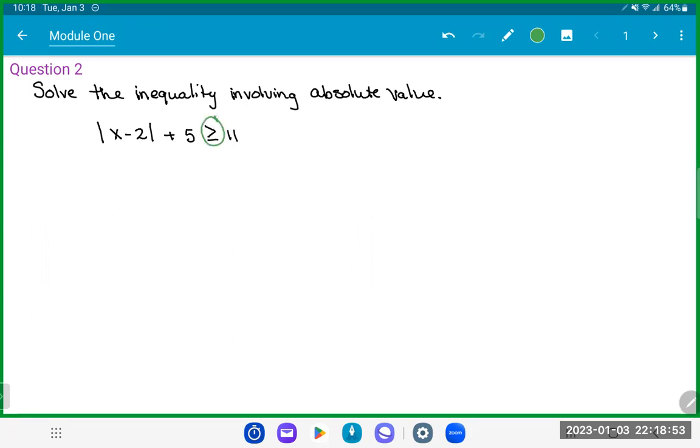So here we have our inequality. This one happens to be greater than or equal to. If you multiply or divide by a negative, you must flip the inequality.